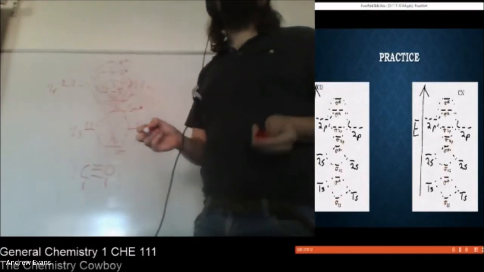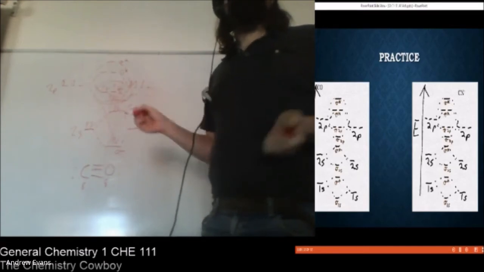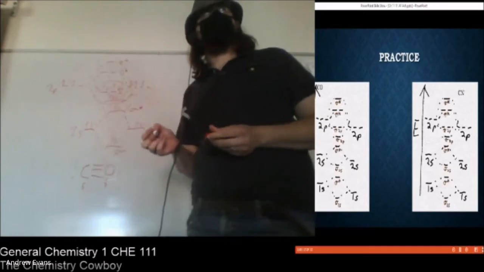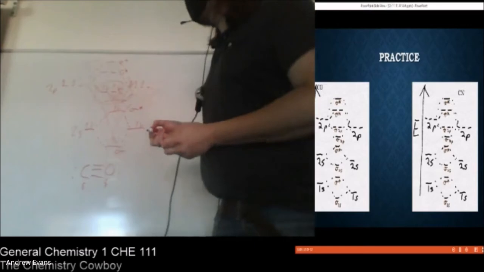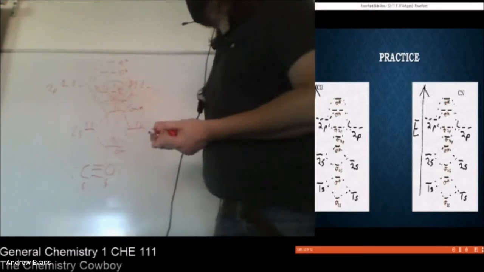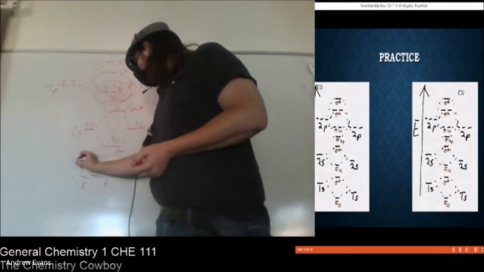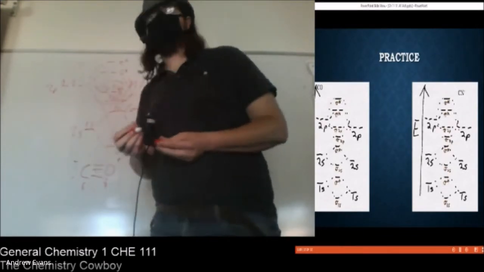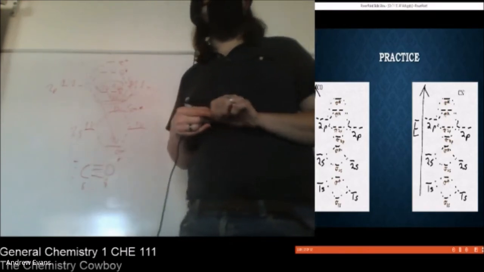So the Lewis structure of CO is essentially a triple bond between the carbon and the oxygen. If you were to count formal charges on this baby, you would actually put a formal charge of negative on the carbon, positive on the oxygen, which is not super stable, but them's the breaks.